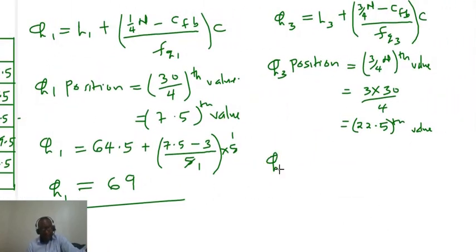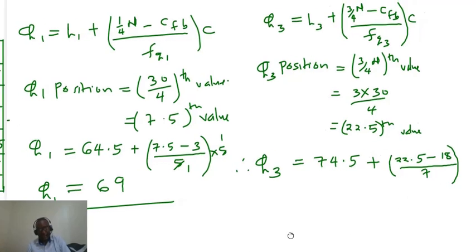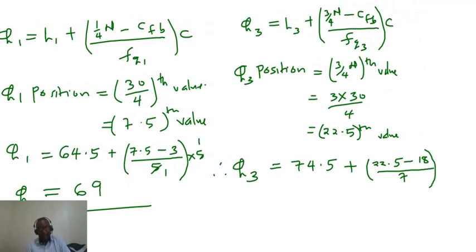We have therefore Q3 is equal to 74.5 plus this is now 22.5 minus cumulative frequency before, we saw that it is 18, divided by frequency of the upper quartile class, 7, and still there the class width is 5.